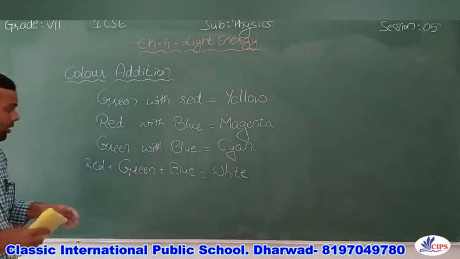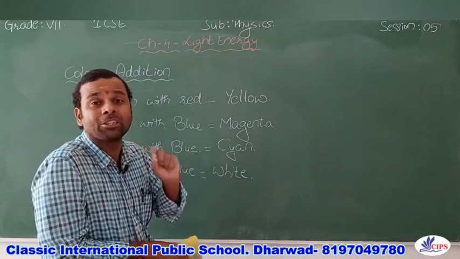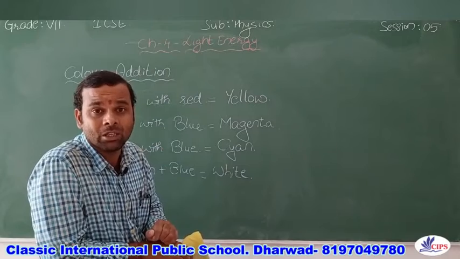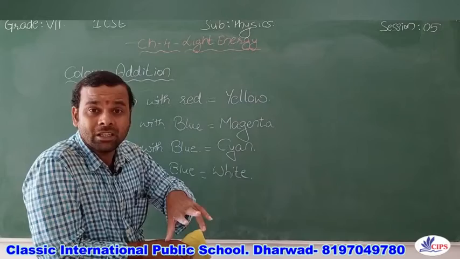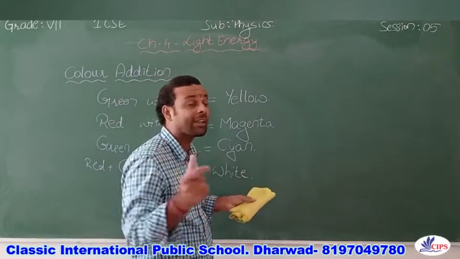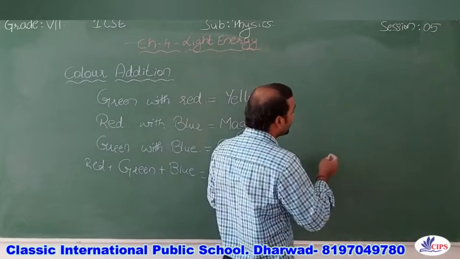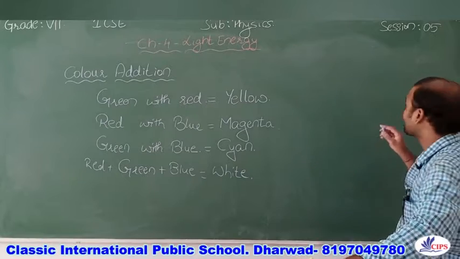Now, these possibilities can be shown graphically also. These possibilities can be shown in terms of equations as well as in terms of graphical representation. So for that, let us consider the particular representation.